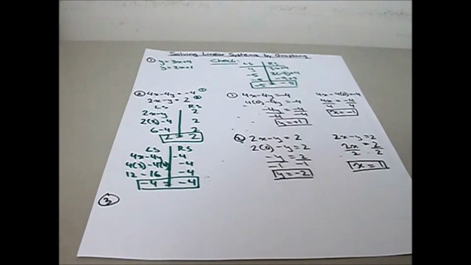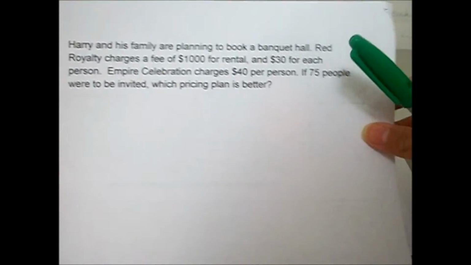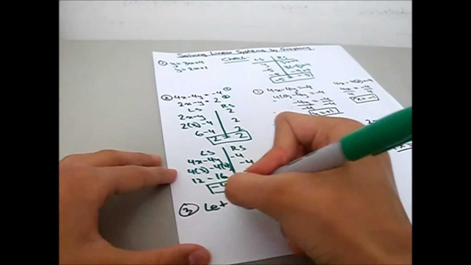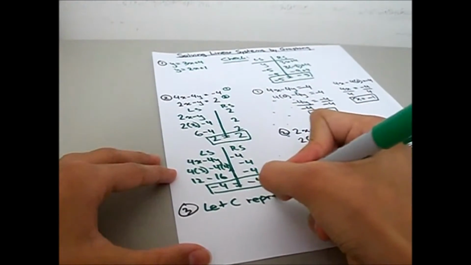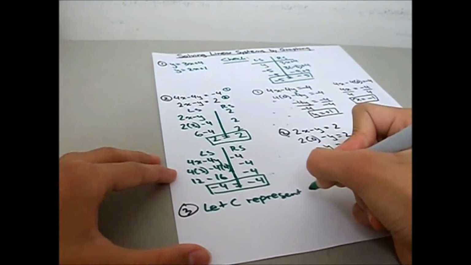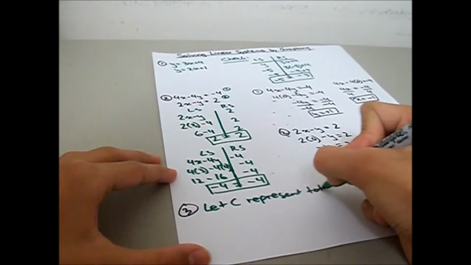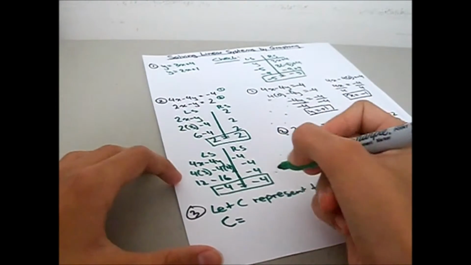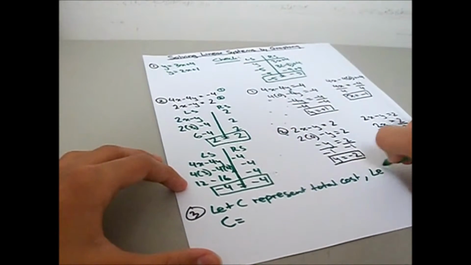First thing we want to do is pick 2 equations out. So let's read it again. Red Royalty charges a fee of $1,000 for rental and $30 per person. So let C represent total cost, and our first equation is C equals, and let P represent the number of people.